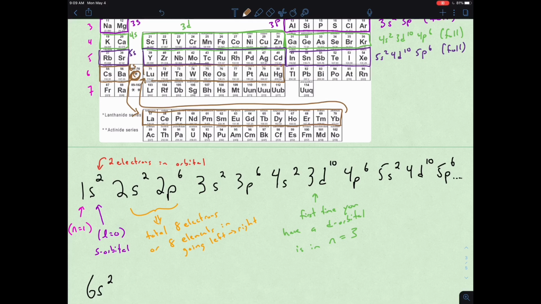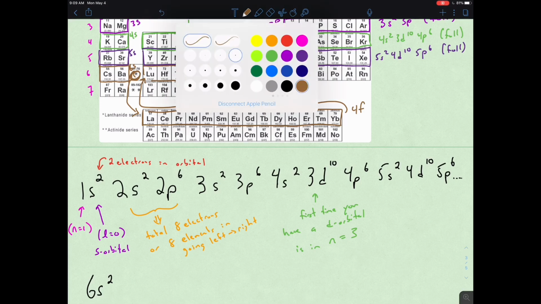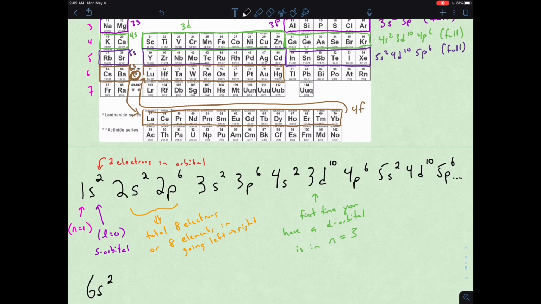So what we have here is the 4F. So that's where the F block is. If we count up the number of slots, you'll find there are 14 of them. The F set has 7 orbitals, each with 2 electrons. That would be 14 electrons or 14 slots like we see here. So in going from the 6s2, we then actually jump down to the 4f and fill that up.